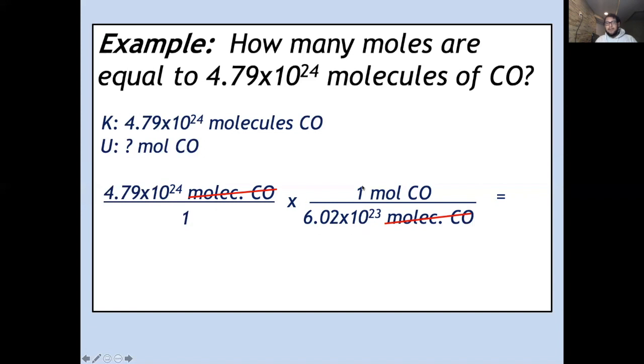We're multiplying by this kind of reciprocal fraction here. So we want to make sure that this number divides into this number because it's on the bottom of my fraction. So instead of multiplication, this time we're doing division by Avogadro's number. So these problems are going to boil down to either multiplication or division, one or the other. So you kind of have a 50-50 shot.